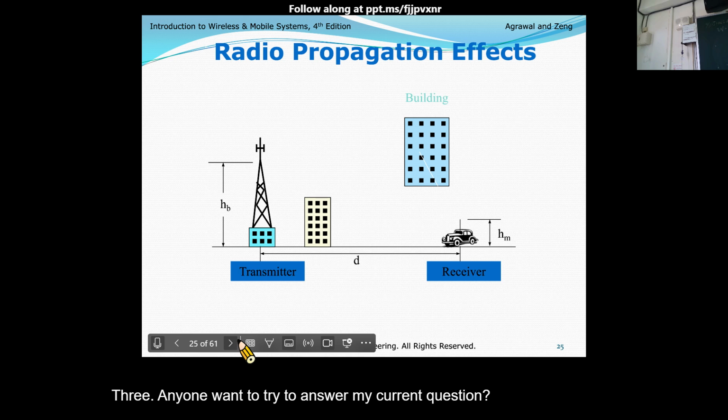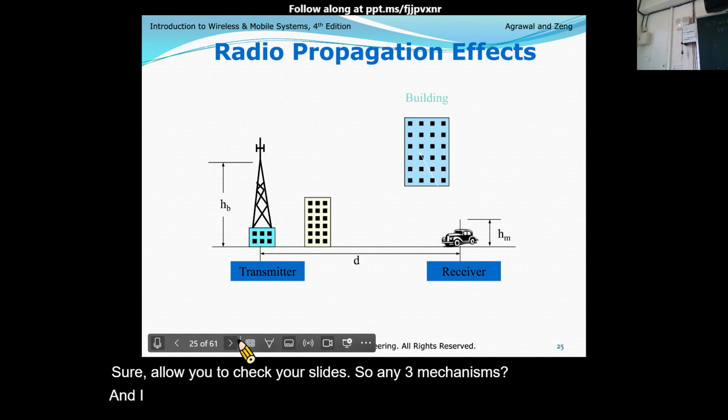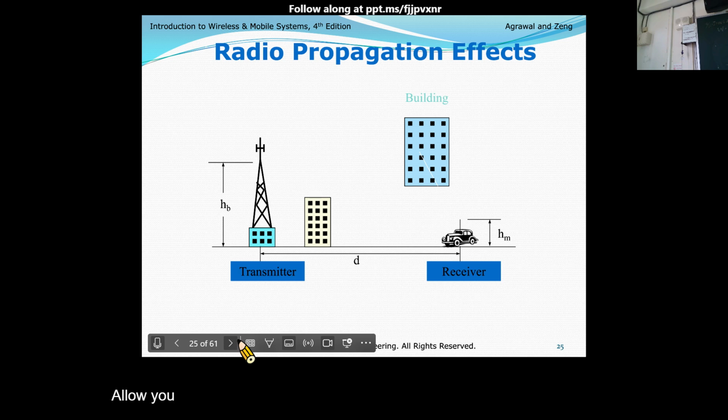Sure, I allow you to check your slides. So any 3 mechanisms? Alice, right? So wait a moment. Ready, go.